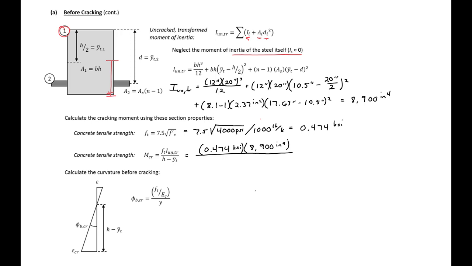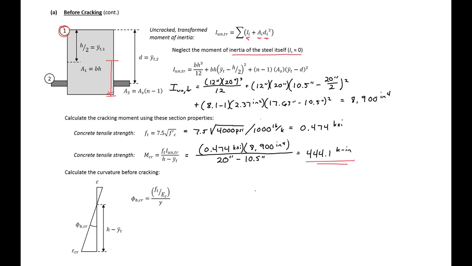So here we'll have 20 inches minus 10.5 inches, which will give us an M cracking of 444.1 kip inches. So this is our cracking moment.